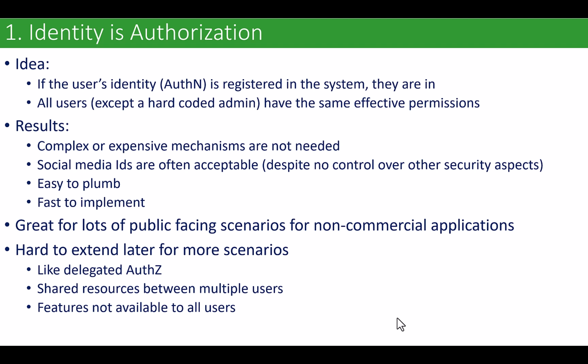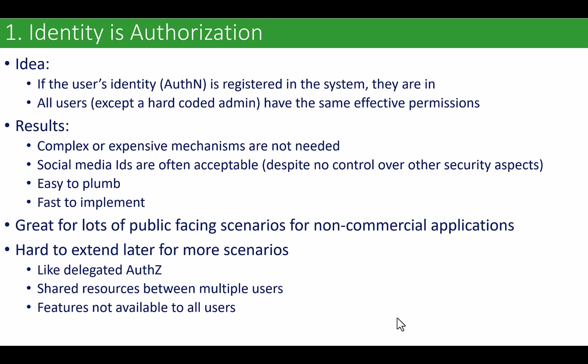There is a possibility, if you allow for weak AuthN, of an impersonation attack in STRIDE. And these systems are typically easy to plumb and fast to implement, and they're really great for things like bulletin boards and blog sites, imaging sites, stuff like that.